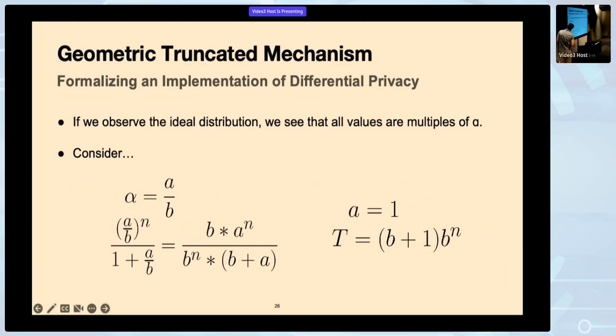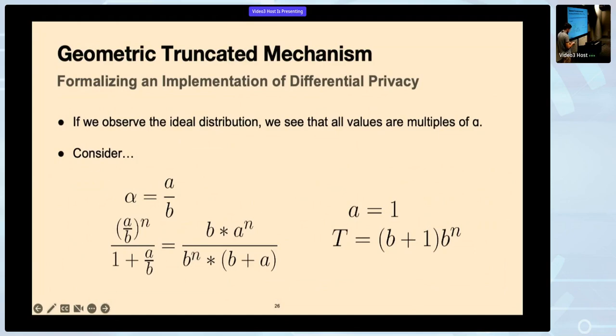So if we suppose that alpha is some number a over b, and we plug that into this smallest probability, we'll find that this common divisor is b to the n times b plus a. Now, let's make things even simpler and suppose that alpha is always of the form 1 over b. Then t will have to be b plus 1 times b to the n.